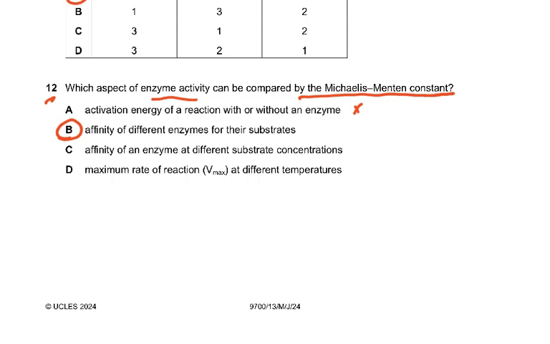So this is how we have got to understand this. Affinity of an enzyme at different substrate concentrations, maximum rate, Vmax at different temperatures. No, basically, what aspect of enzyme can be compared? So affinity of different enzymes for their substrate.